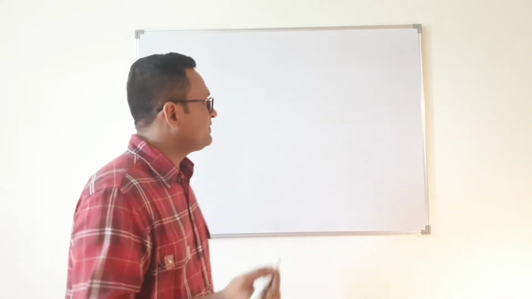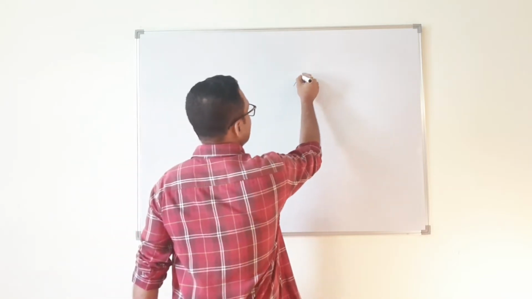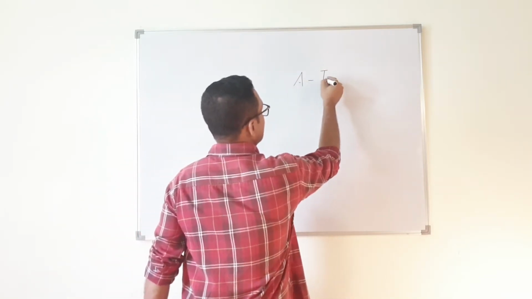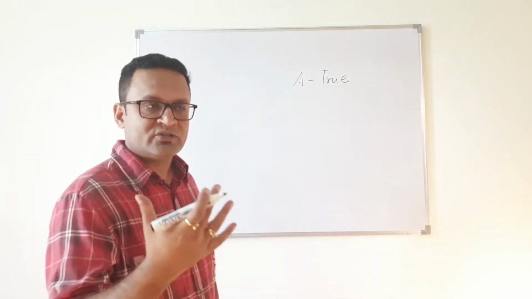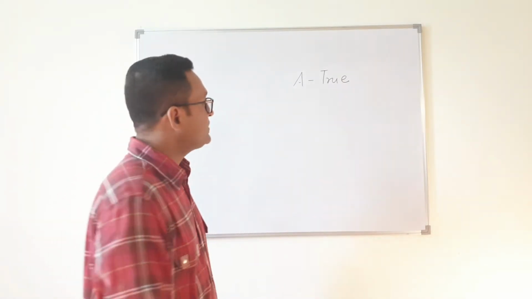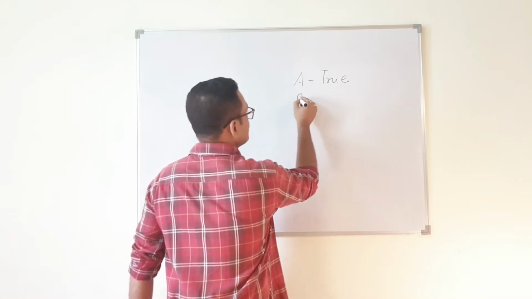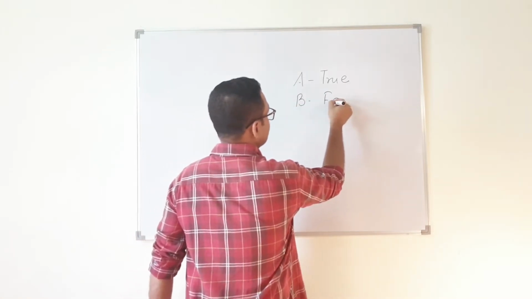Suppose a question says that the value of A is true, so this is an A proposition which is true by nature, and the value of B proposition is false.